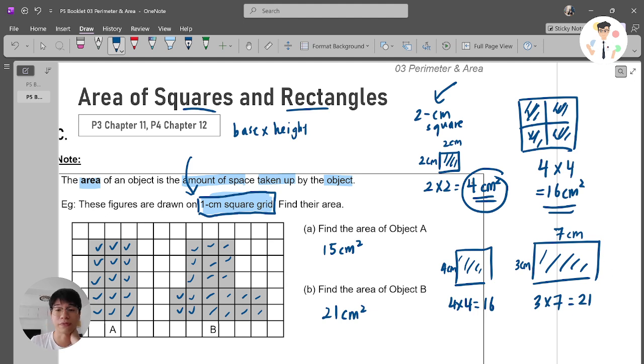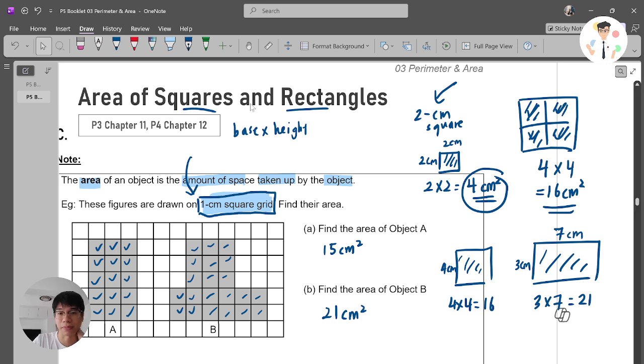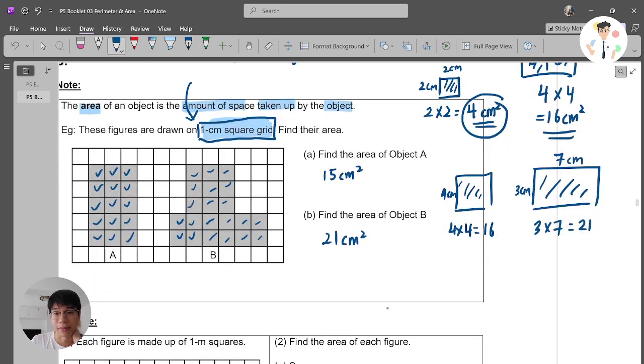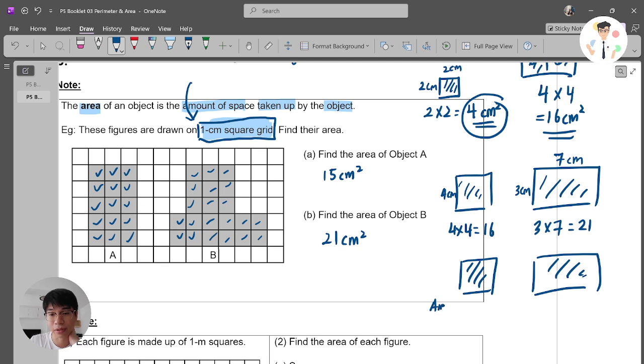The same thing if I were to ask you for the side, then what you need to do is to divide. Let me give you another example. So example, I have a square here, I have a rectangle here. I tell you, the area of this square is actually 64 cm square.